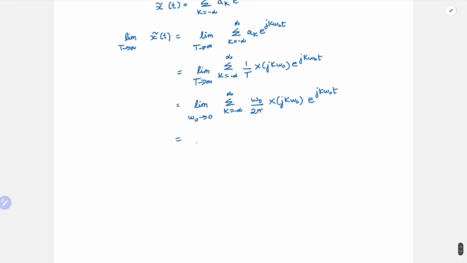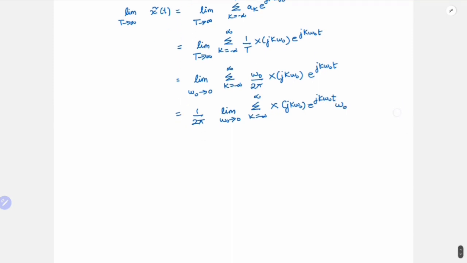Now 1 by 2 pi is a constant, so I take it outside: limit omega naught tends to 0, summation k equal to minus infinity to infinity, x of jk omega naught e power jk omega naught t into omega naught. So if I have this spaced by omega naught, these x of jk omega naught terms are like rectangles, right?